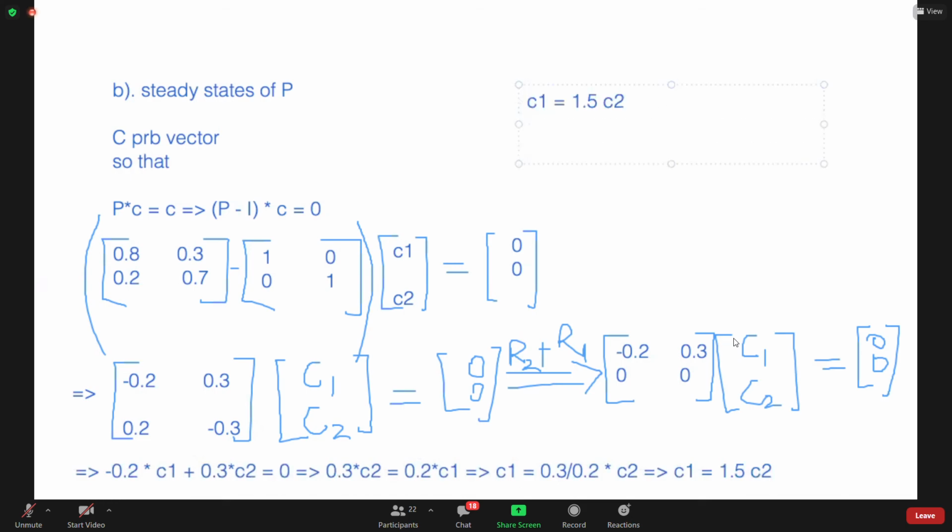What can I do from here on in order to find C1 and C2? Well, I can put this information into my probability matrix C. How do I do this? I will write down that C, which is my probability matrix, will be equal to C1, which is going to be equal to 1.5 C2, because I've just deduced this from the equation, and C2.